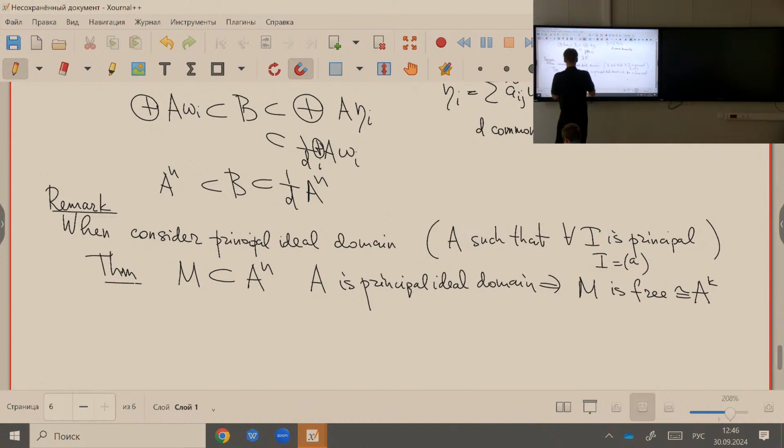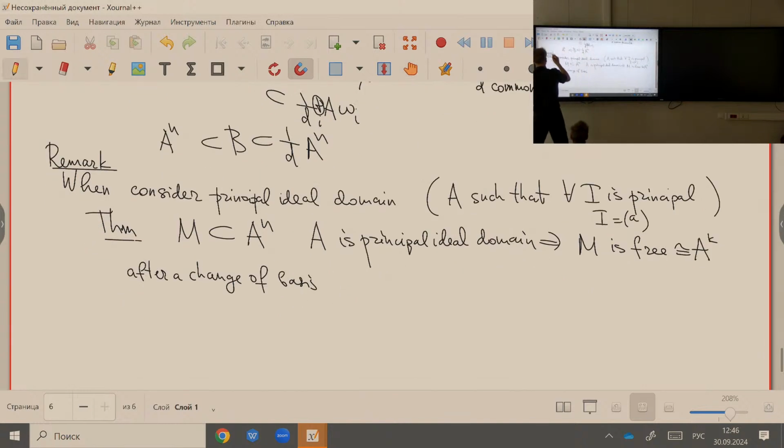And actually, after a change of basis, both in M and in A, a submodule can be written in terms of f1 to fk in the basis e1 to en.